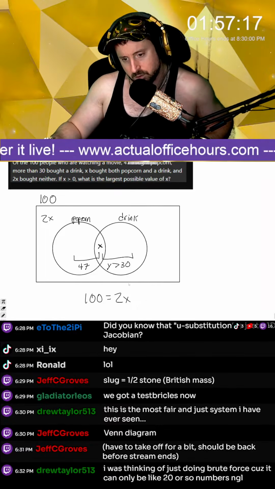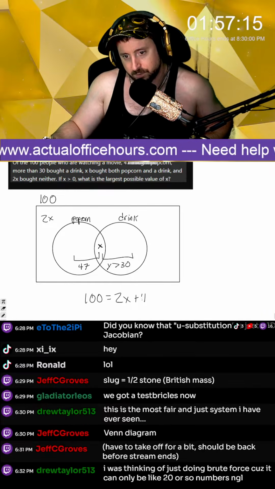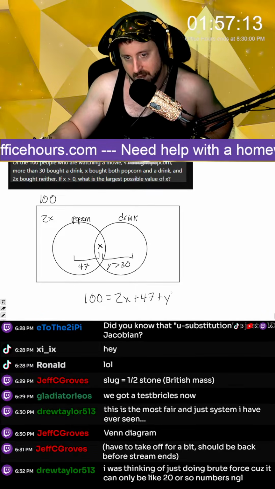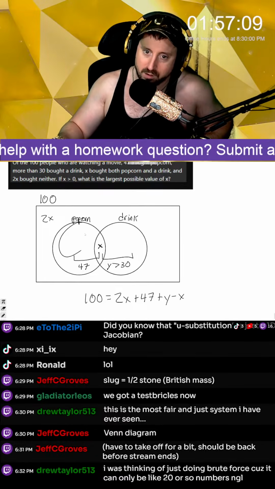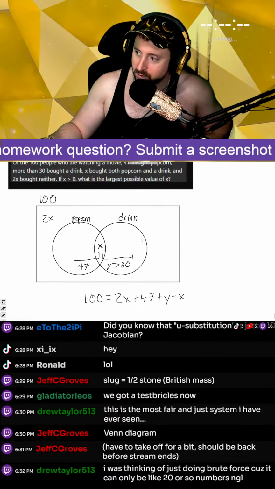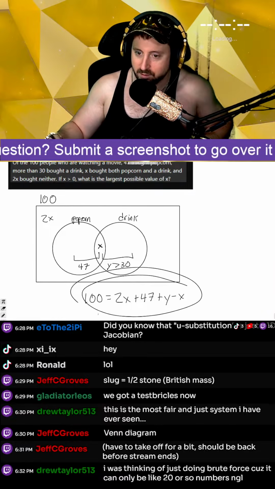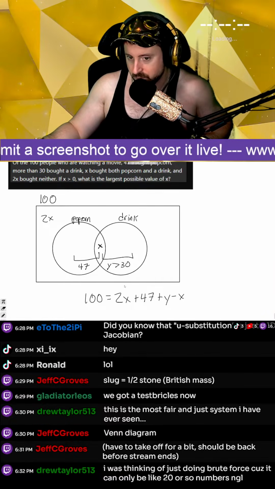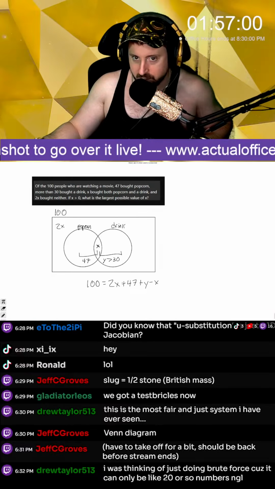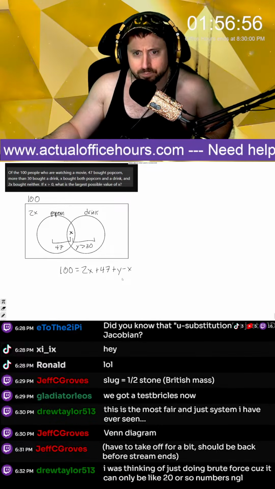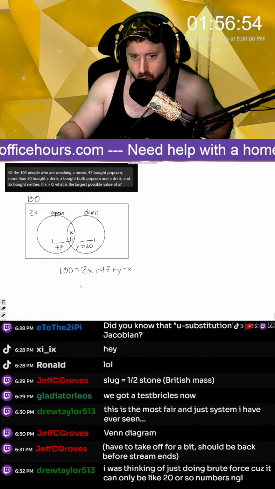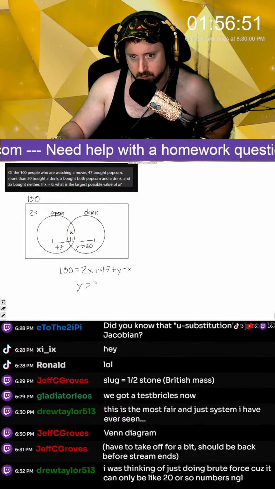So 2x plus 47 plus y, and then minus x, because x double counts popcorn and drink buyers. I think this is the first constraint on the system. And the other constraint is that y is greater than 30.